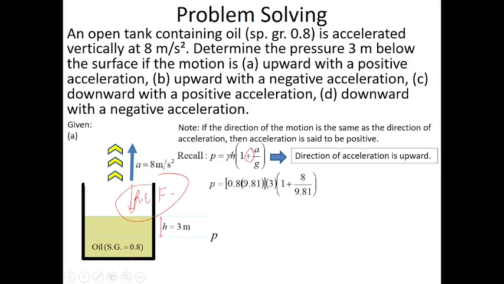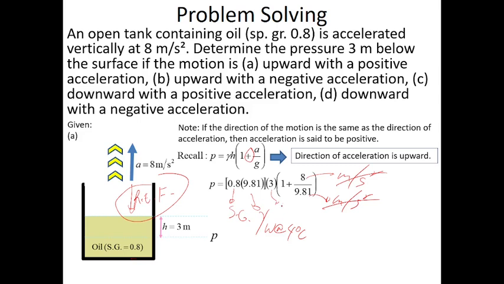So, with that, so we have 0.8, 9.81. Ito yung para sa specific gravity. Ito yung para sa unit weight of water at 4 degrees Celsius. Okay? So, height is 3 meter. This is 8 meter per second squared. 9.81 meter per second squared. So, cancel. Okay.